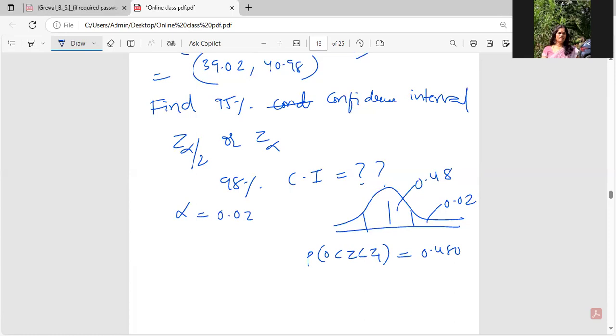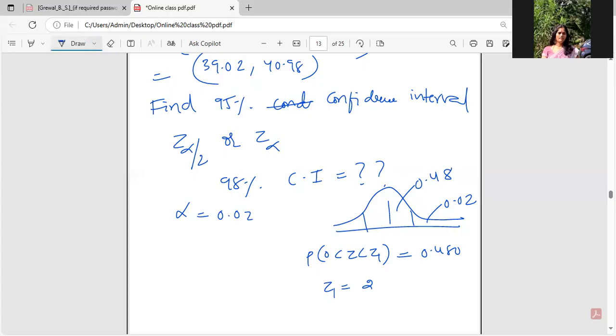The 0.480 value in the table would be, Z1 value would be 2.06, I'm sorry, 2.06 is the value.